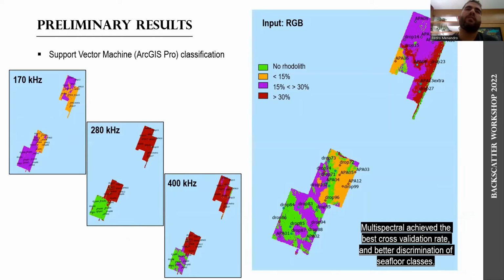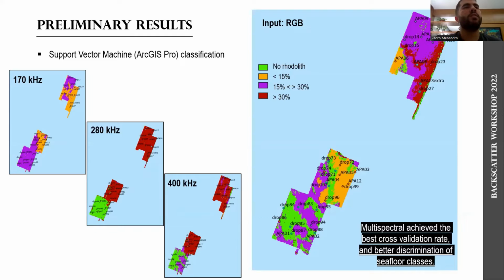Okay, so here is the first part of the preliminary results. We ran this SVM classification using each frequency separately, and then with the RGB mosaic. We can note the RGB classification achieved the best cross-validation rate and the better discrimination of the C4 class.